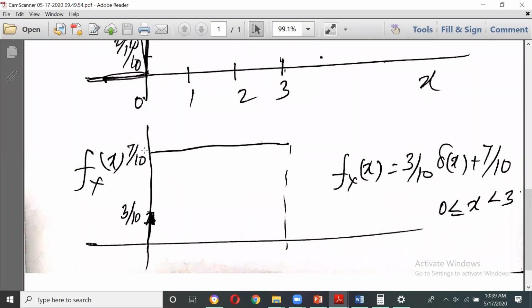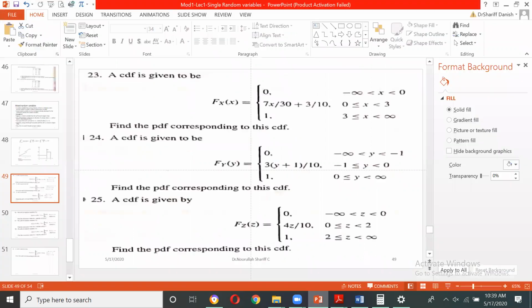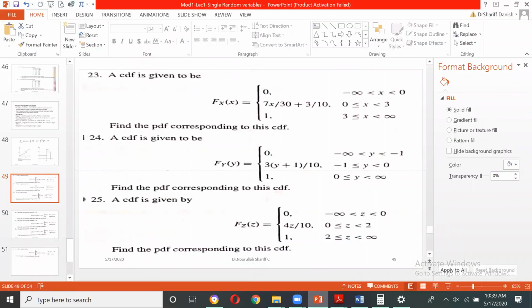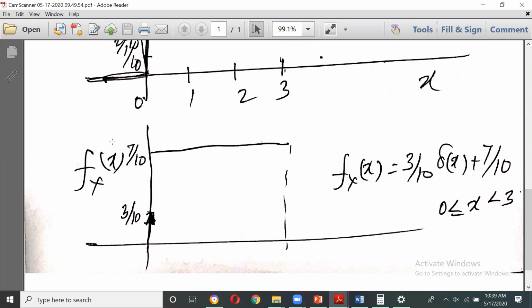Because of that value, we have this. It is 7 by 30 x, not 7 by 10. I think this should have been 7 by 30, not 7 by 10. Please change it to 7 by 30, because 7 by 30 x, if you differentiate, you'll get 7 by 30 only.